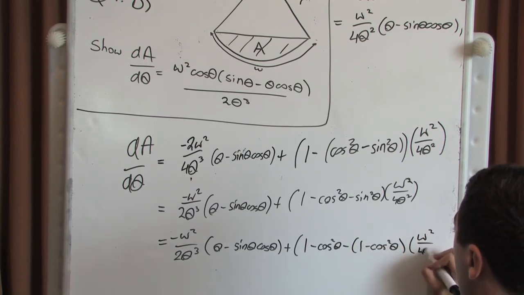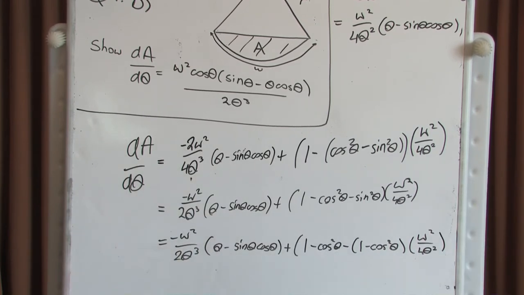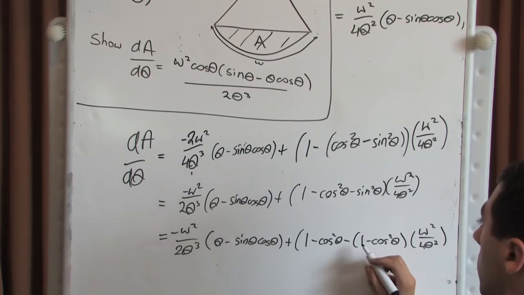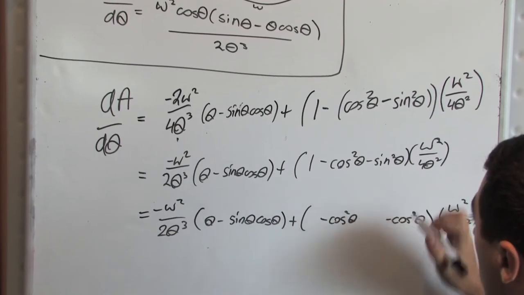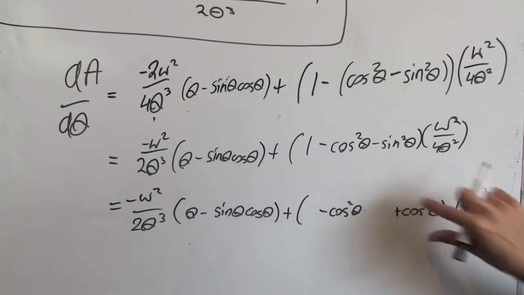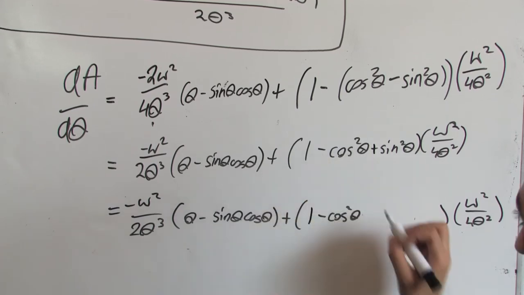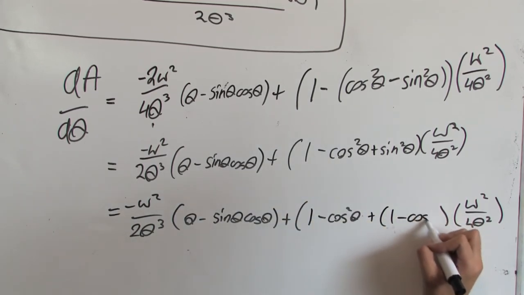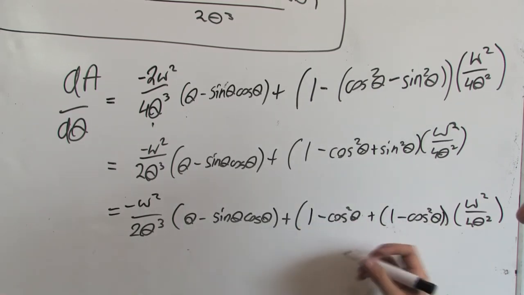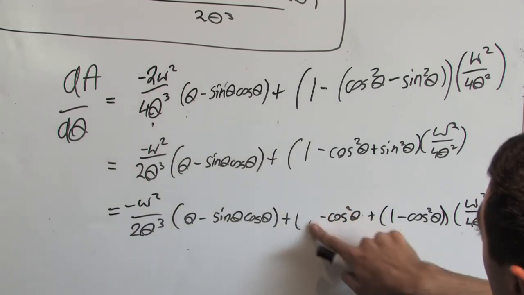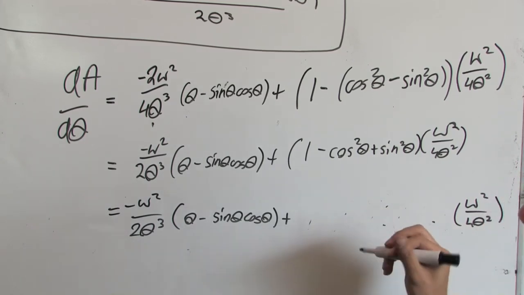Now the 1 and 1 cancel out, and the minus and minus become a plus. No, that's not right, sorry, I always forget that. So we've got minus cos squared theta plus 1 minus cos squared theta. That's 2 of the same thing, so we've now got 2 times 1 minus cos squared theta, I believe.